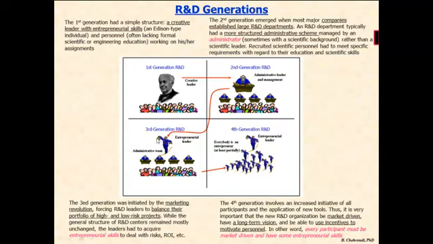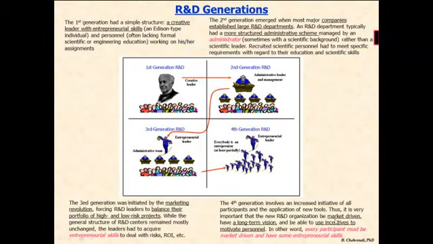Then we went into third generation, in which the market revolution started, forcing R&D leaders to balance the portfolio of high and low risk projects. The market became important, so leaders here had to acquire entrepreneurial skills to deal with risks, ROI, etc. The fourth generation is the entrepreneurial leader, where everybody is an entrepreneur, at least partially.